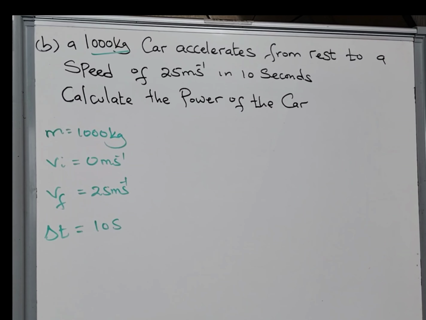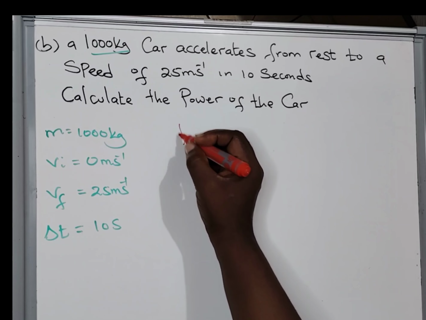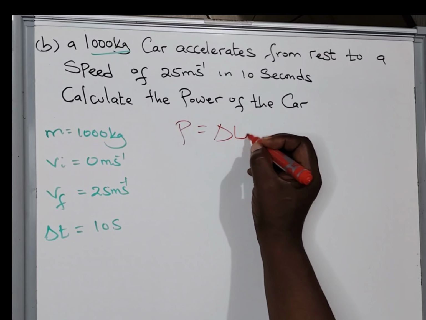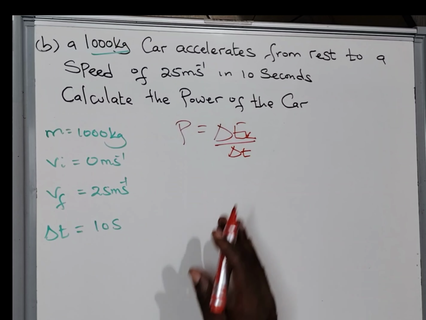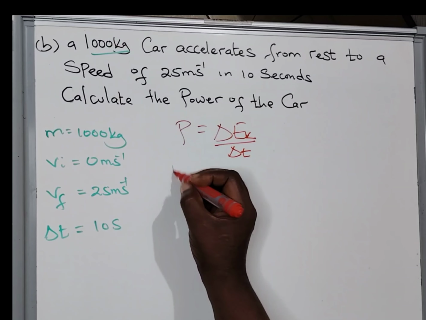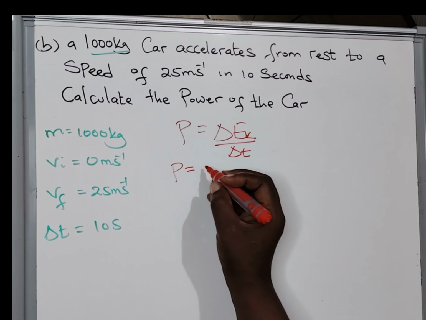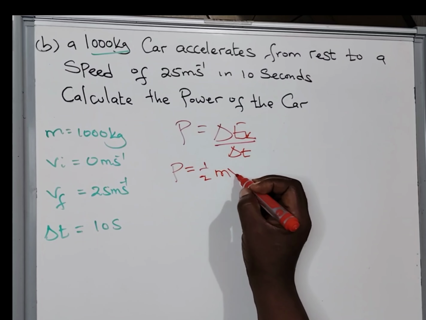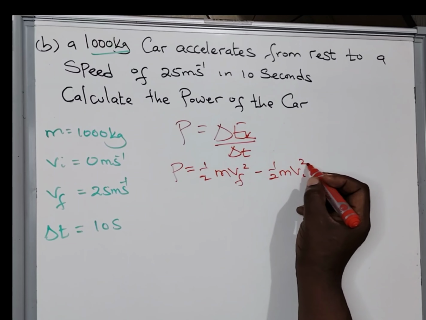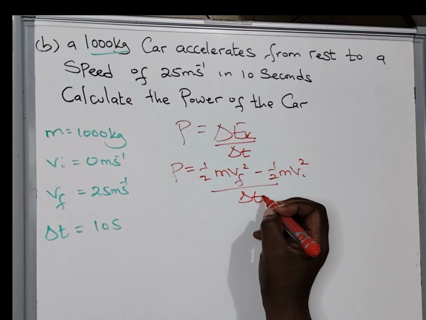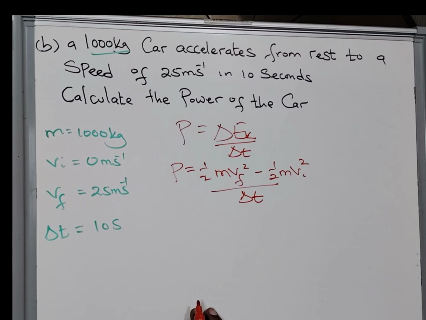So when you look at this information, where does it lead us to? It leads us to this expression. Power is equal to delta EK over delta T. Okay, if that's true, let us expand delta EK. Power is equal to a half m vf squared minus a half m vi squared over delta T. Then we can substitute in.